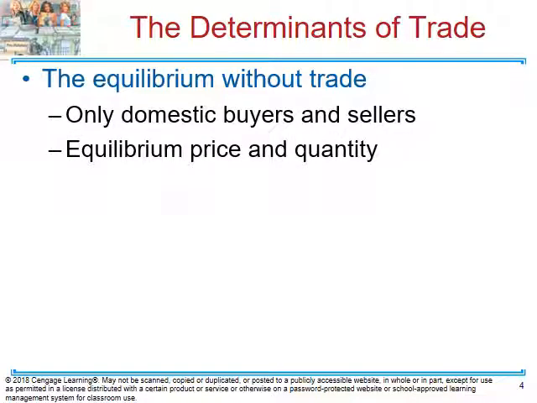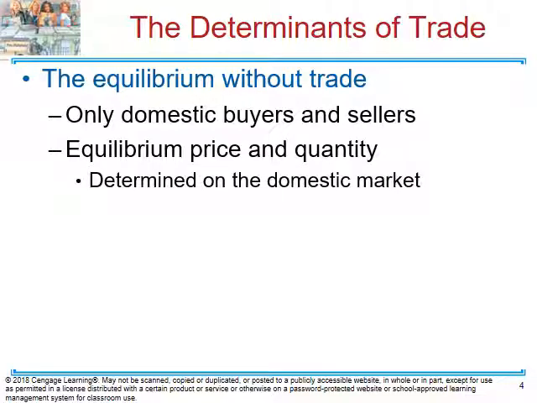When we have an equilibrium, there is an equilibrium price and an equilibrium quantity that brings supply and demand into equilibrium, and that's determined in the domestic market. So there is no international trade taking place so far.